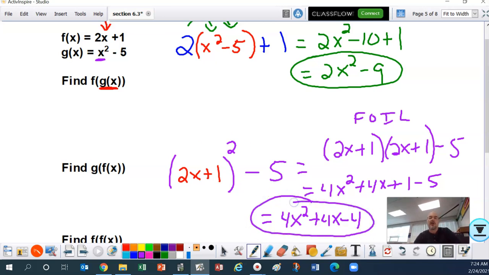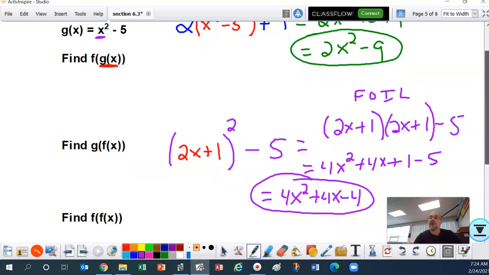So when I plug the f of x into the g of x, I get 4x squared plus 4x minus 4. Okay, let me just double check to make sure I didn't make any mistakes. 4x squared, 2x plus 1, and then I've got the minus 5. Yep, that looks correct.